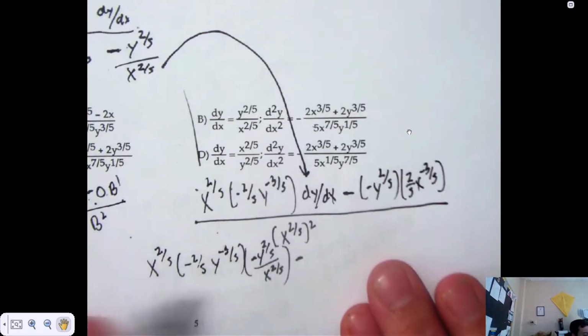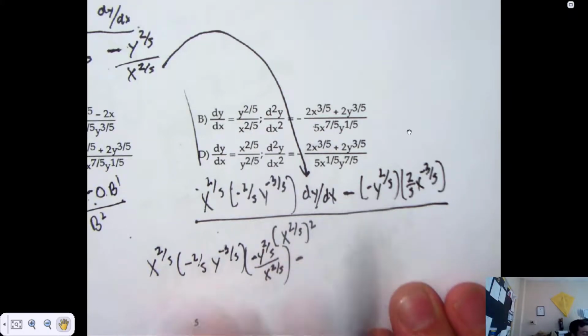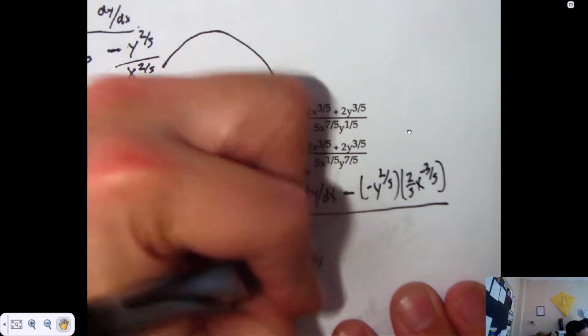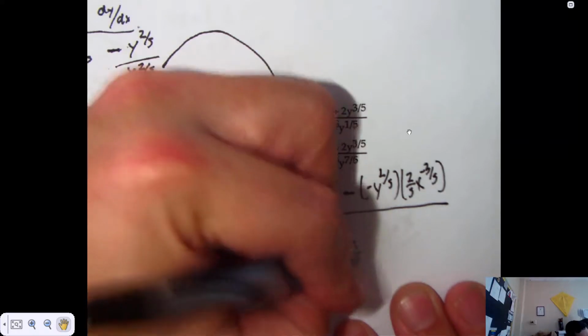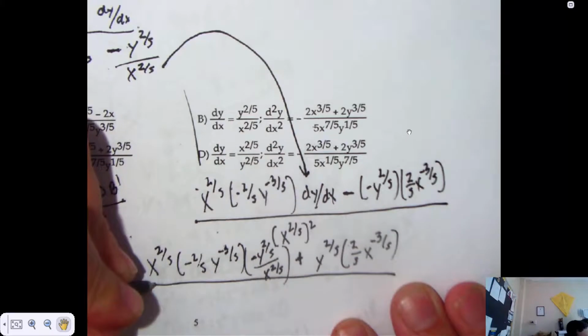I go ahead and take care of something here. I see I have a negative times a negative over here, so I'm going to make that positive. And x to the 2/5 all squared is x to the 4/5.